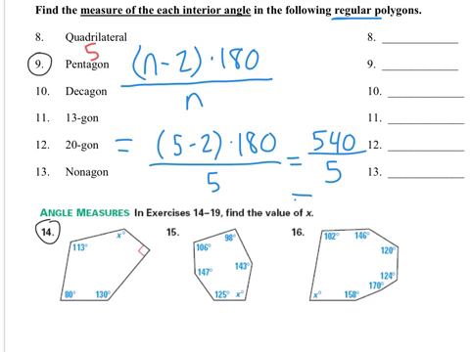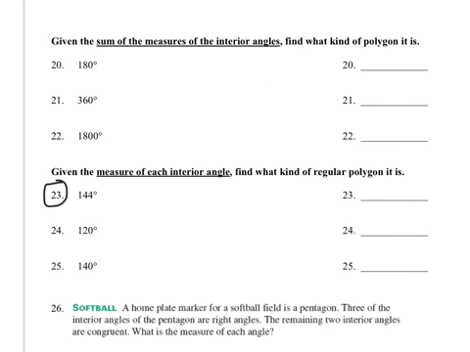Then the answer to 540 divided by 5 is how much each individual angle is, and that is 108 degrees. So in a pentagon, each angle is 108 degrees. Now, we'll skip those, move on to the back side.